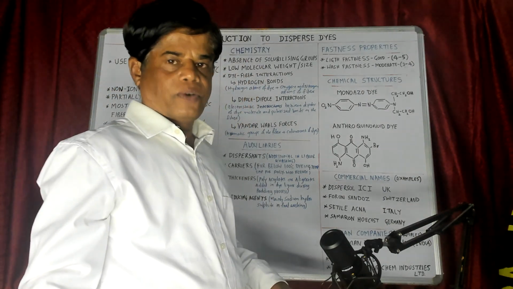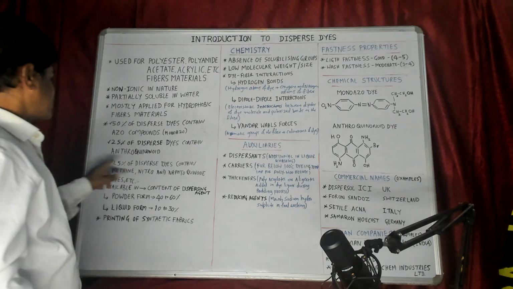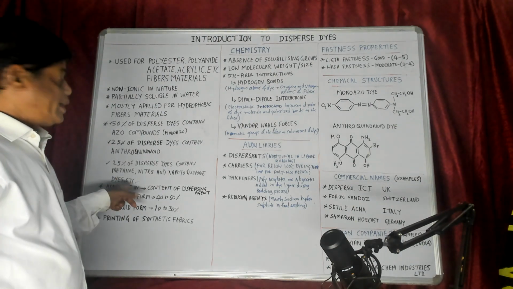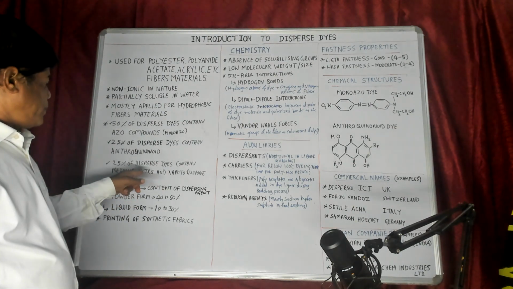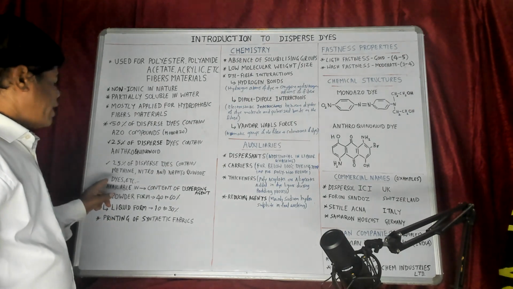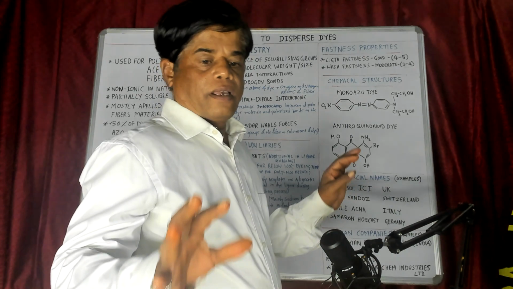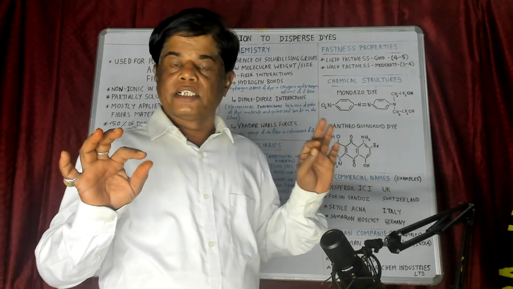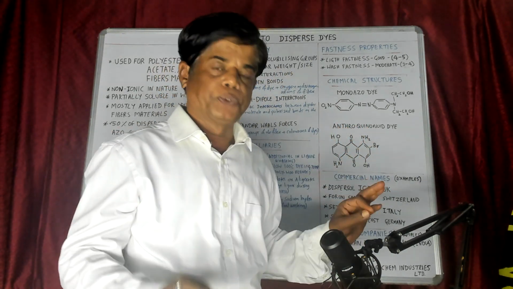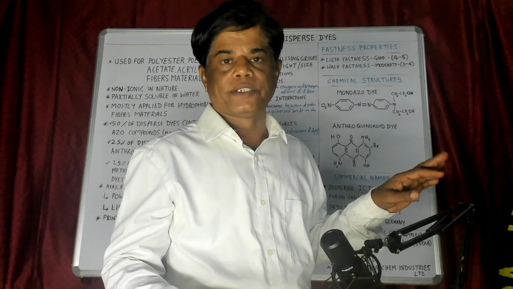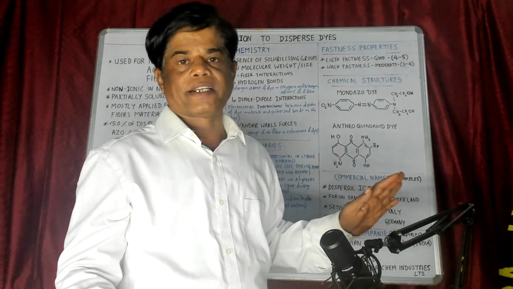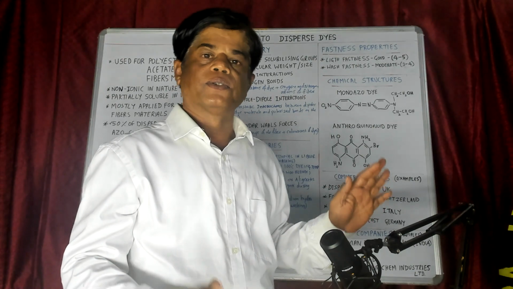And the remaining 25% of disperse dyes contain methine, nitro, naphthoquinone dyes, etc. The disperse dyes used in dyeing units and dyeing factories now are on the safer side.